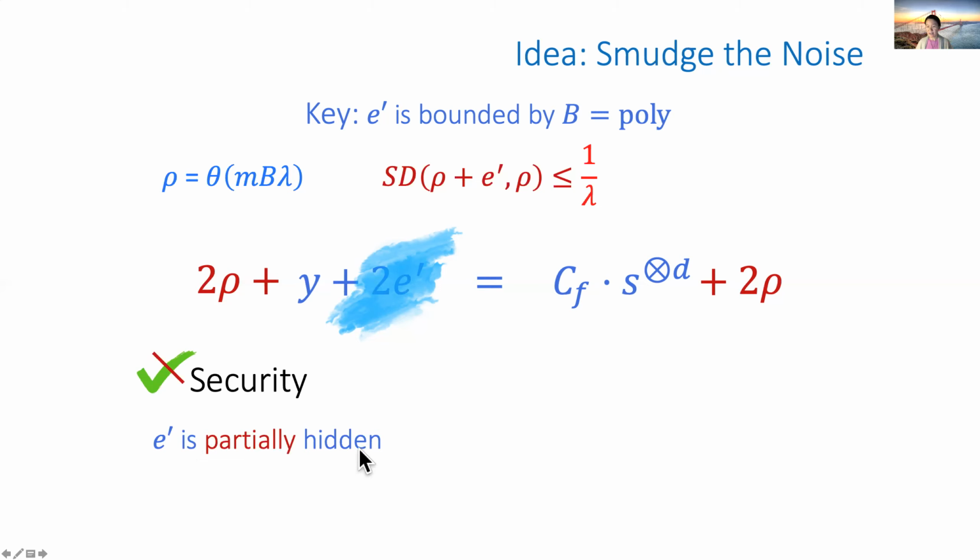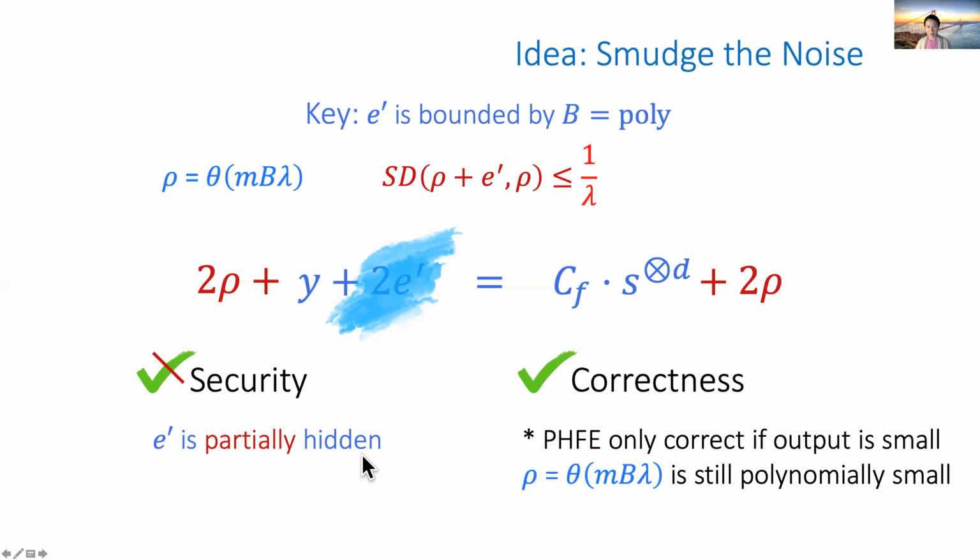You can effectively think about it as E prime being hidden with probability 1 minus 1 over lambda. And furthermore, we still have correctness. Recall that our partially hiding FE can only recover the output if the output is small. But here, our smudging noise rho is in fact polynomially bounded. Therefore, the entire output is still polynomially bounded and can be correctly recovered.